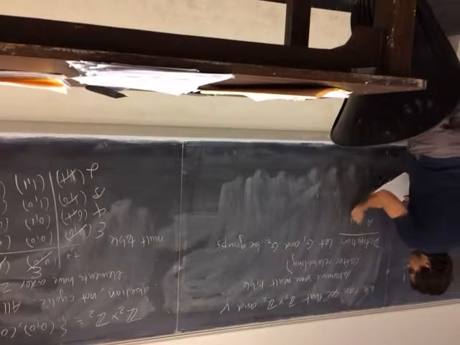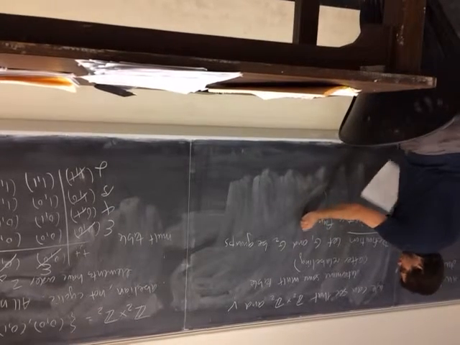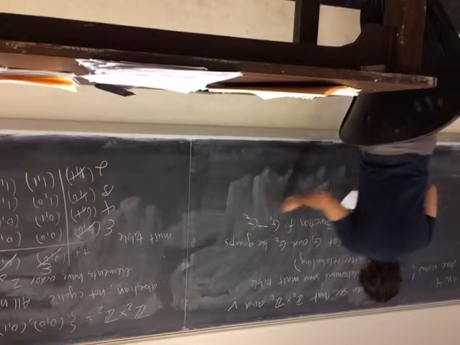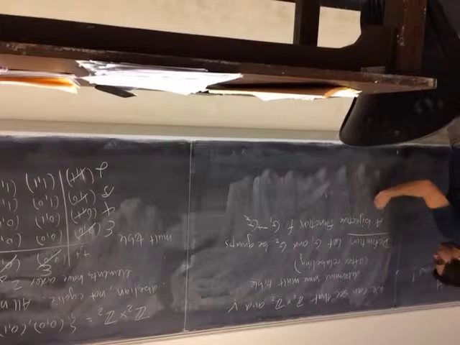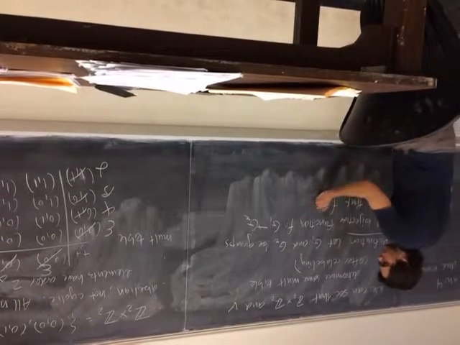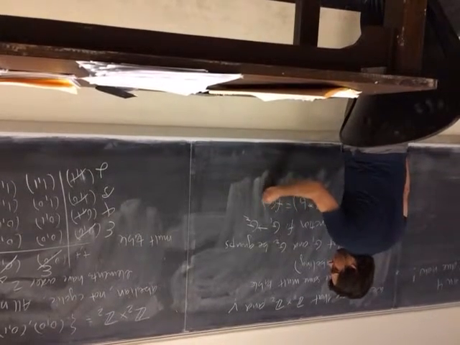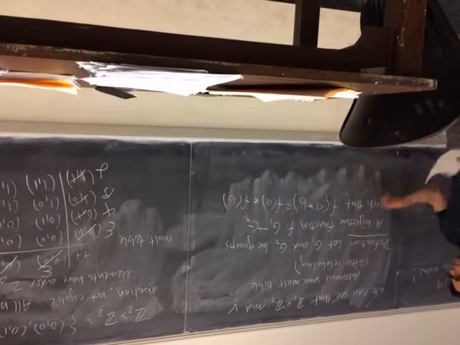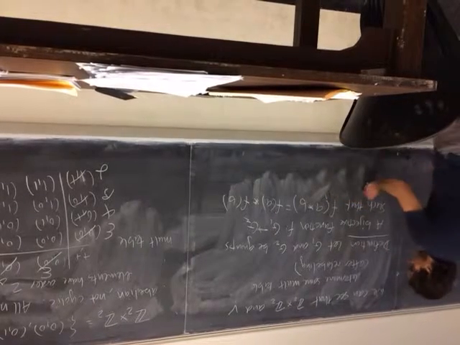A bijective function, that's a relabeling, f from G1 to G2, such that f of A star B equals f of A star f of B. So we have to have a bijective function with an extra property. This is called an isomorphism.